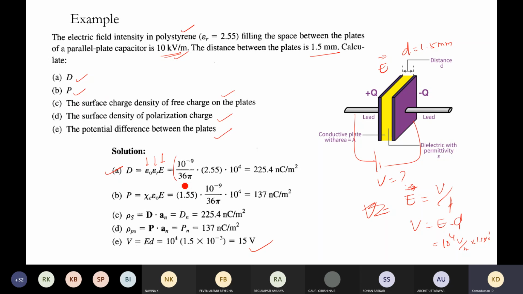So this is the epsilon naught, and the electric field. When you multiply, you will easily get that.